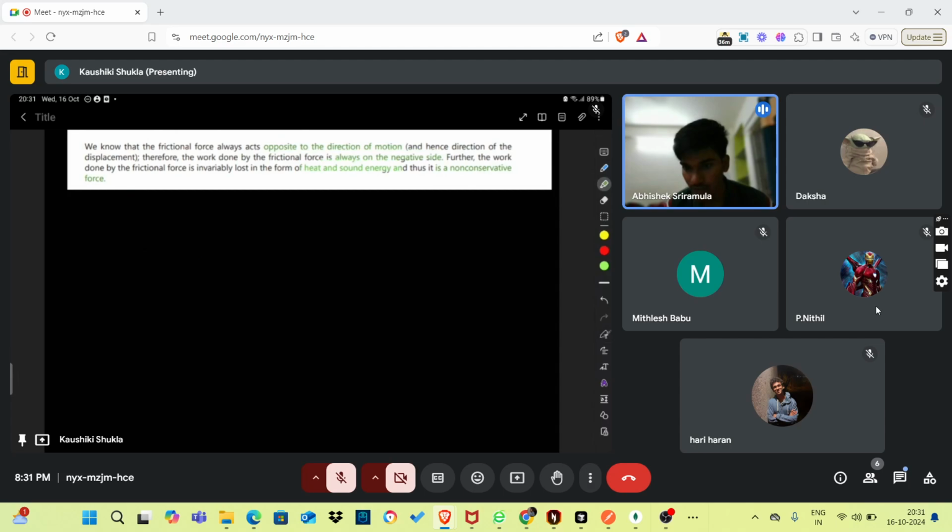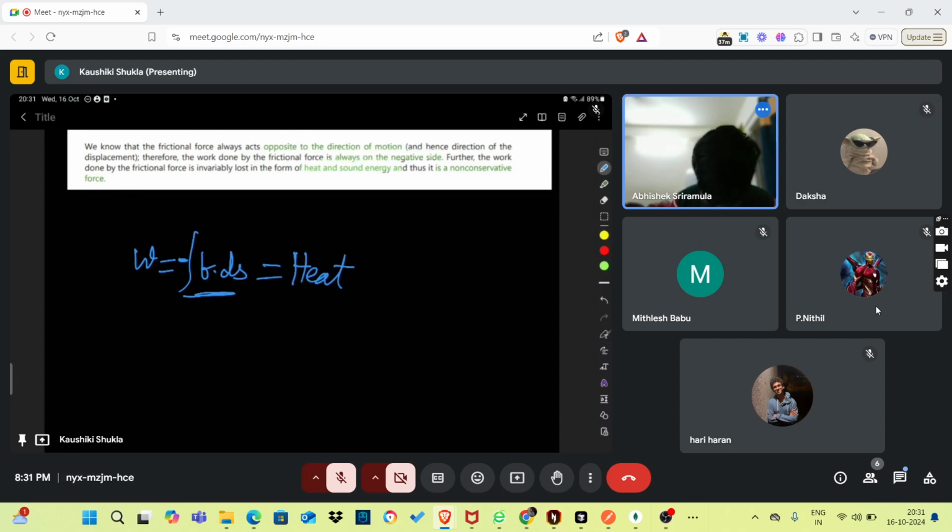It is path dependent, so path matters when calculating the work done by friction. Basically you can write F dot ds, it is converted to heat. You can put a negative sign, but if you solve the equation you will automatically get a negative sign, though we generally put it ourselves.